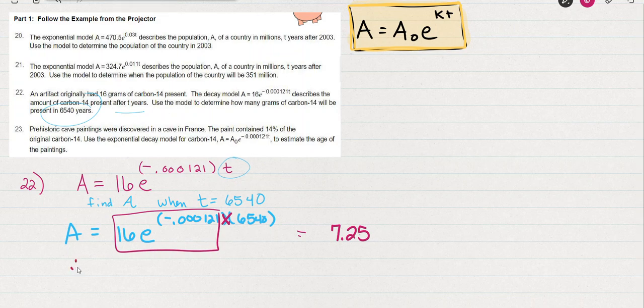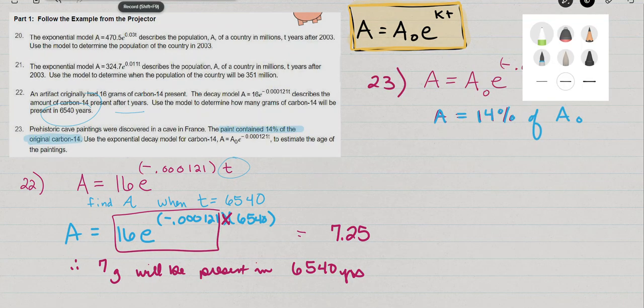We could say, therefore, the amount present will be 7 grams in 6,540 years.